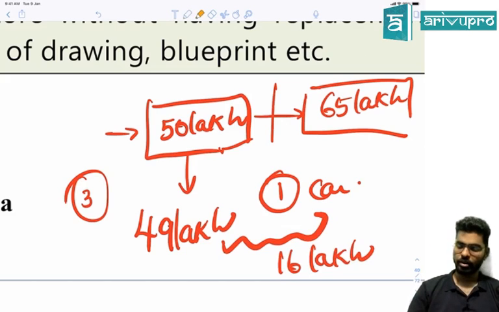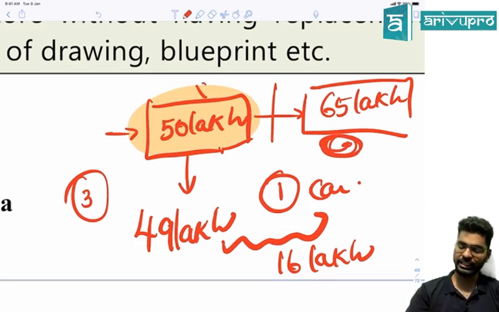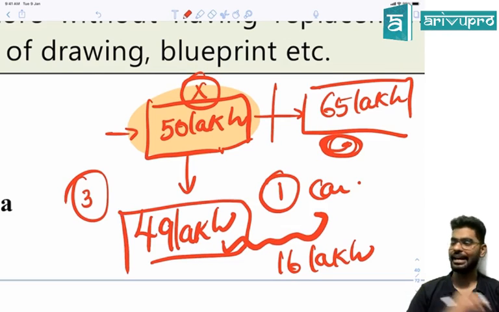Now, if you have decided to purchase a car of 65 lakh, does this 15 lakh have an impact or 20 lakhs have an impact? You have decided to buy a car of 65 lakh. Which has an impact? 50 lakhs or 45 lakhs?